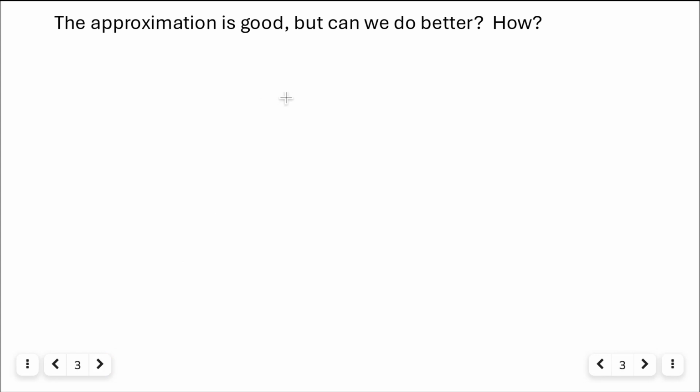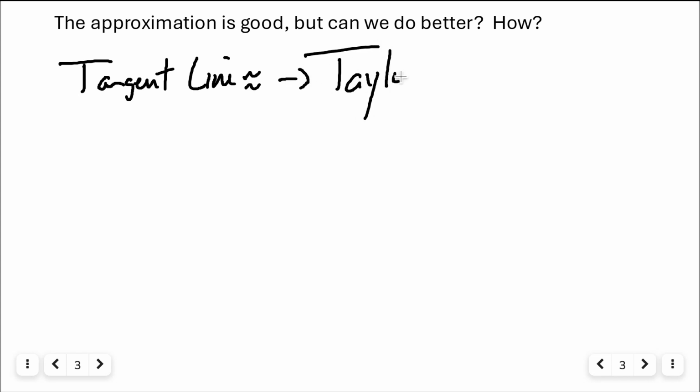Basically what we did so far is we used the tangent line approximation to approximate the value at 0.2. This tangent line approximation that you built is actually one example of a Taylor polynomial.